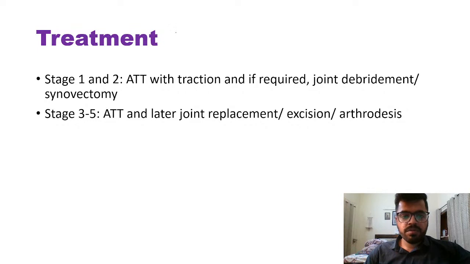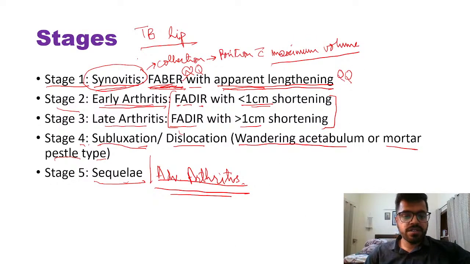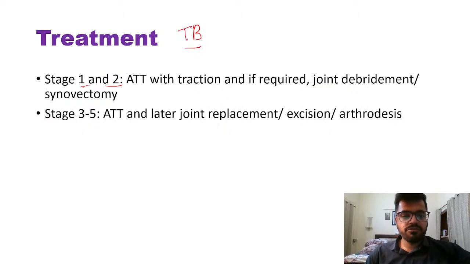Treatment of TB hip depends on the stage. In stage 1, synovitis, and stage 2, early arthritis, we give ATT along with traction if required, and then we might need to do joint debridement or synovectomy, and the patient might heal with this only.